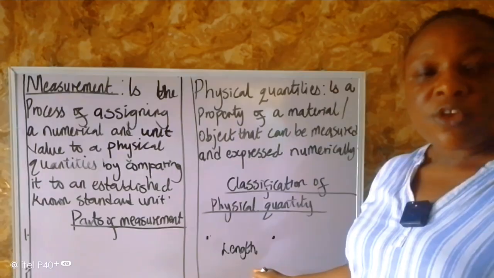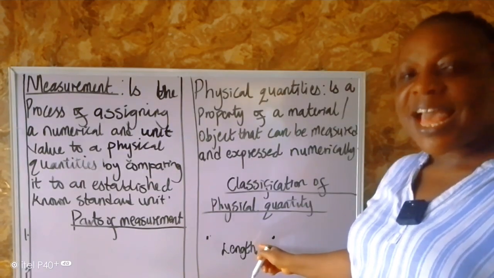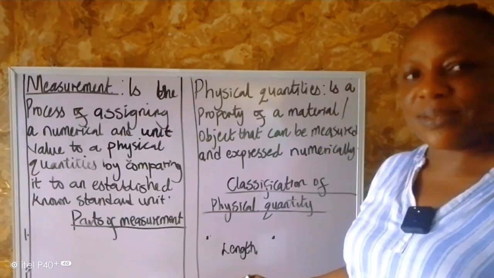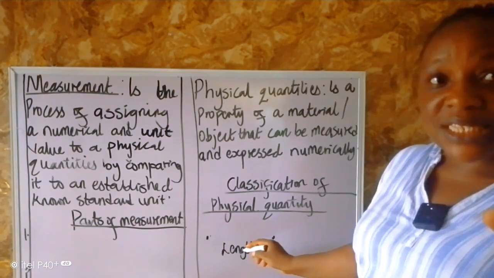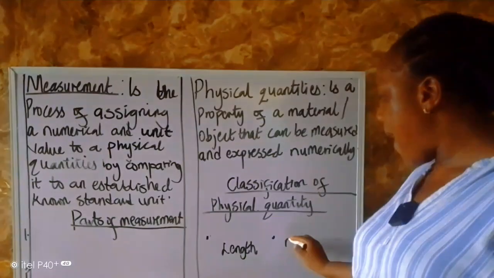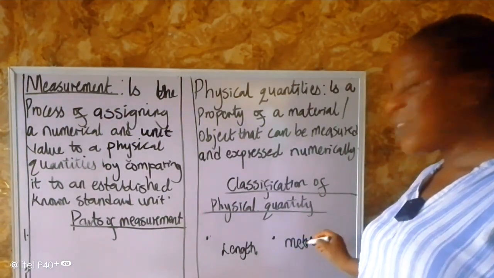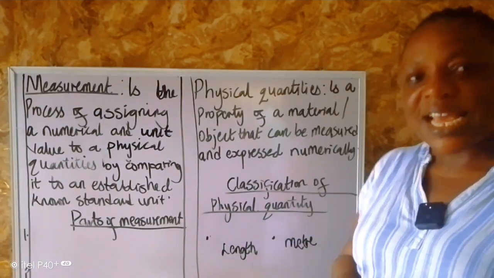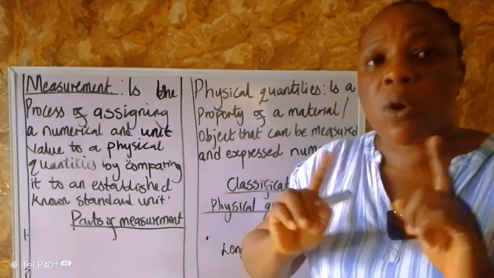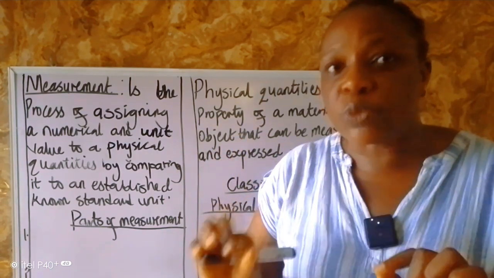Have you seen it? So we now agreed as scientists that this is length, and now let's add a unit to it. So this length that we should note, its unit will be m. That is meter. Have you seen it? Scientists agreed that this unit will be attached to length. That means anywhere we see us measuring length, we know that the unit for length will be meter.